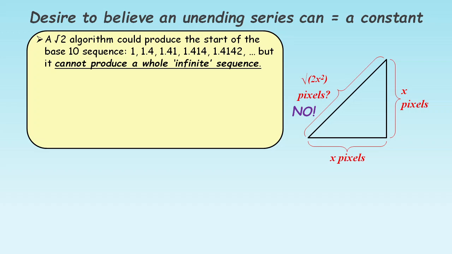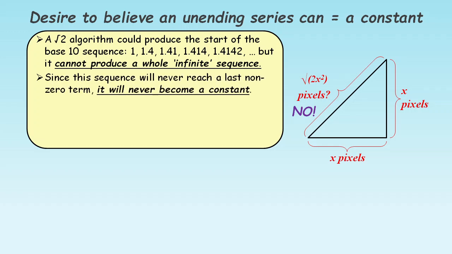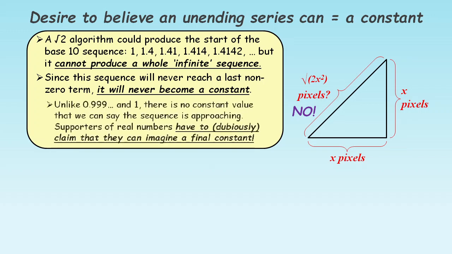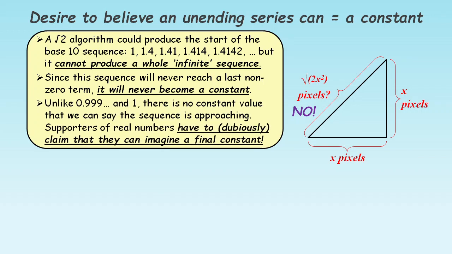Such an algorithm can't complete. It can't do an infinite amount of work and say, there you go, I've produced a constant that is the square root of 2. Unlike 0.9 recurring, there is no constant that we can say the sequence is approaching.